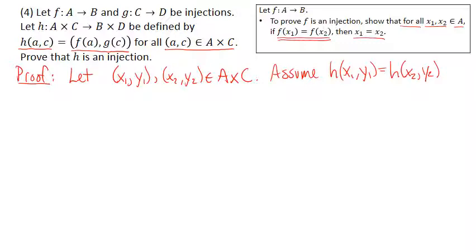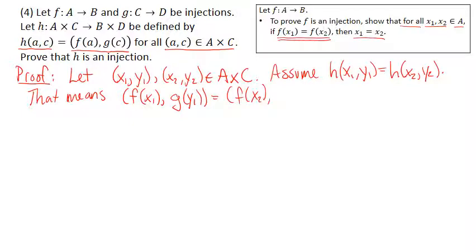Okay, so what does that mean? That would mean that f of x1, I'm just using the definition of the h function here, comma g of y1 equals f of x2, comma g of y2.